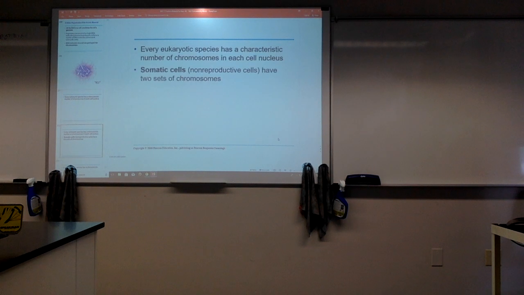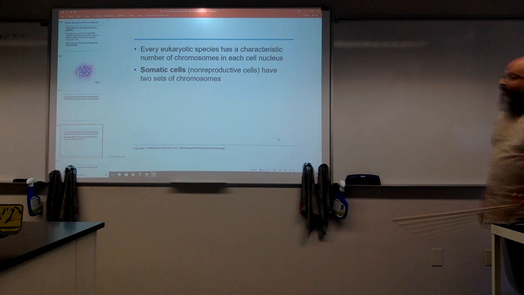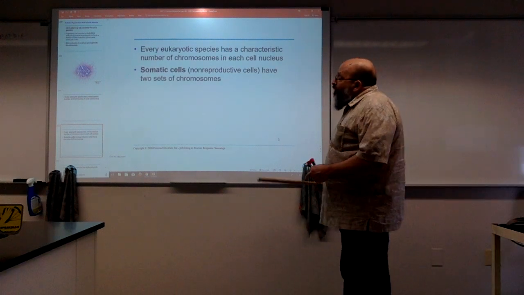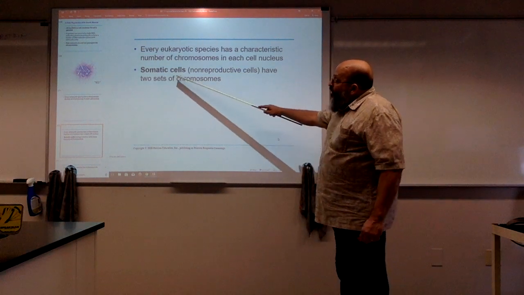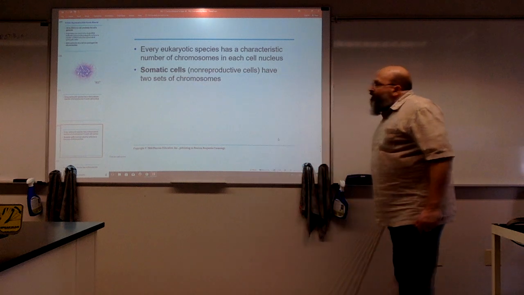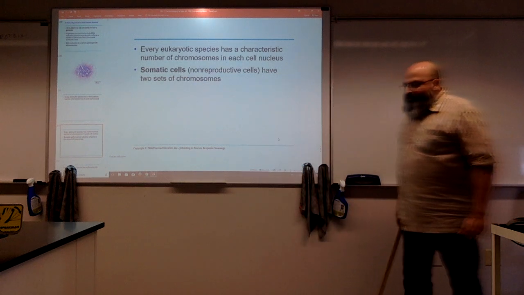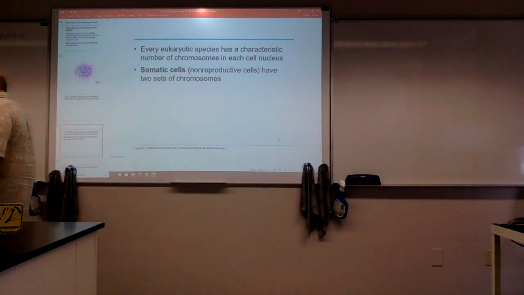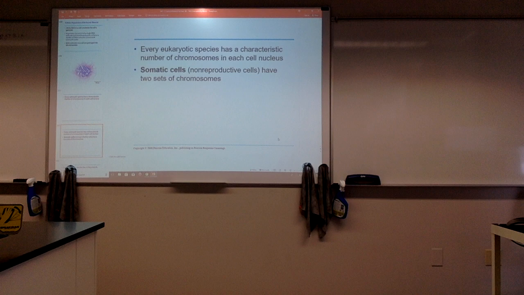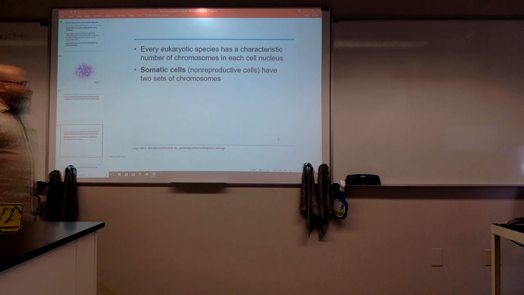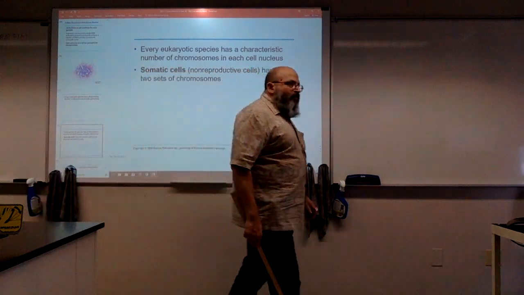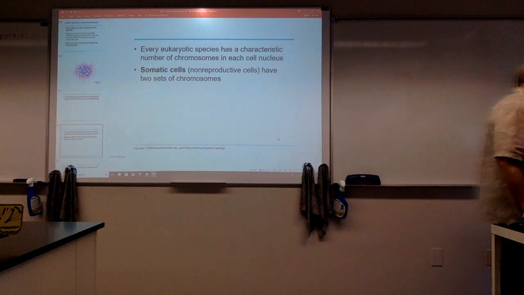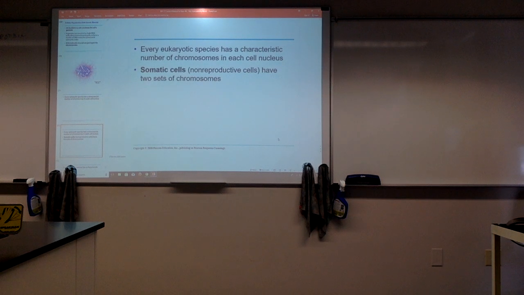I know you learned this term last week in your cell lab: somatic cells. Those are the non-reproductive cells. Somatic cells have 2 sets of chromosomes. Every cell in your body is a somatic cell except for sperm or egg. Those are obviously reproductive cells, gametes.